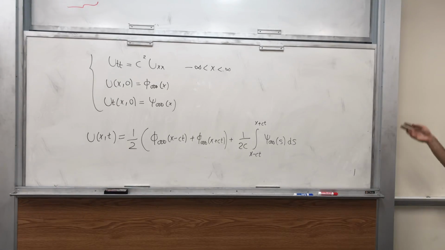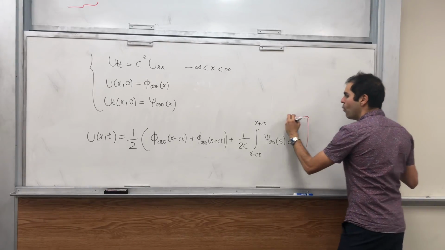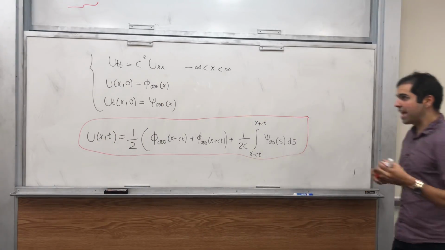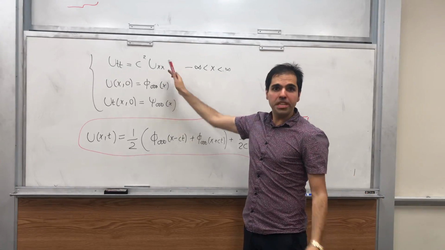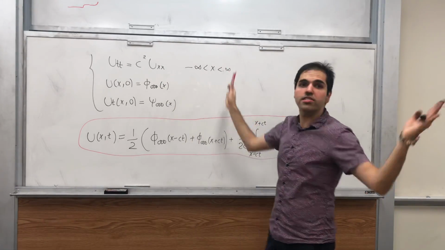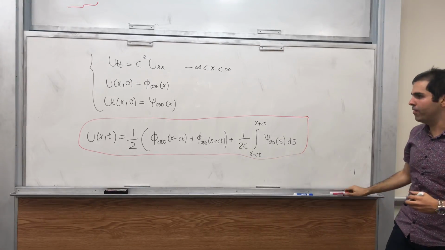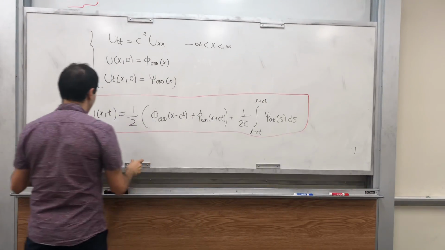Essentially, all we need to do is deconstruct this formula. And by the way, why does this solve our original problem? Same as before. First of all, it solves the PDE on the half line because it solves it on the whole real line. So we solved the harder problem, therefore we solved the easier problem.